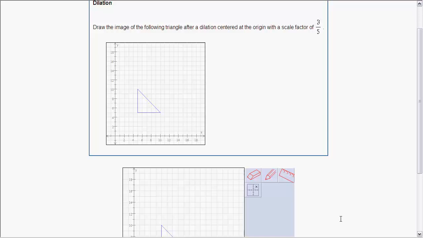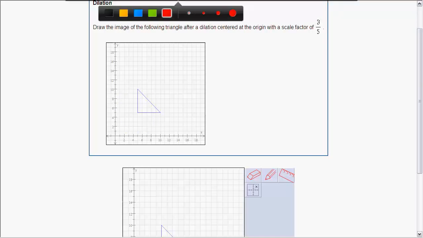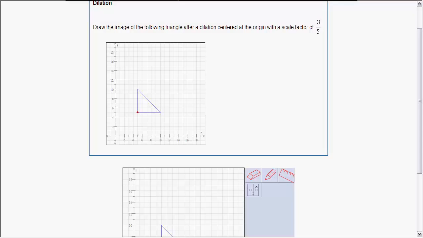So I'm going to look at my image, which is this triangle, and I'm going to look at my ordered pairs of the points that are given. So I'm looking at this point, this bottom one down here. We'll call that A. And A, that ordered pair, is 5, comma 5.